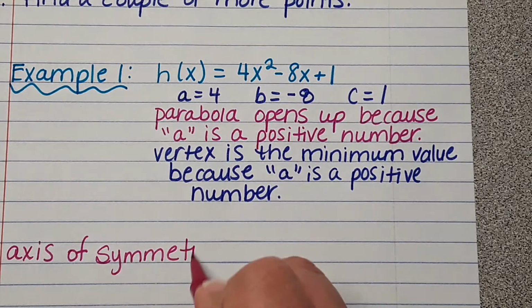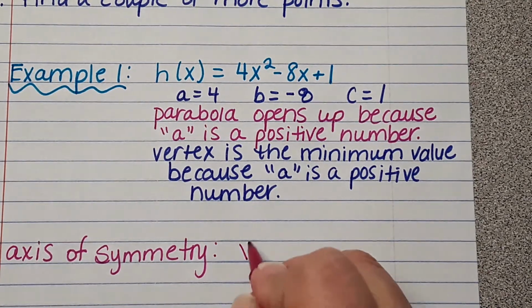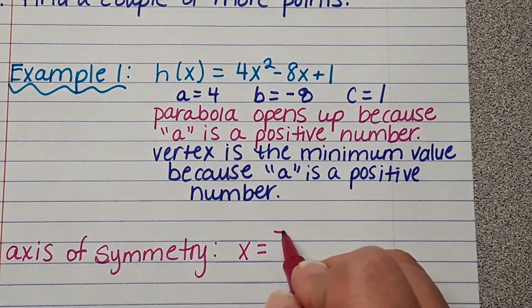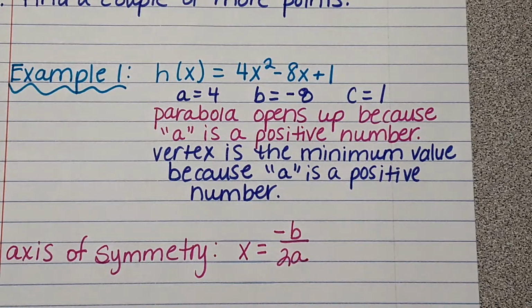So when we did these in chapter 2, we made a table. Now we need to follow some guidelines so we can find those vertexes. So x equals the opposite of b over 2a. Anytime I do it in your notes, I am going to write the formula and plug it in for you so that you can see how I'm getting it.